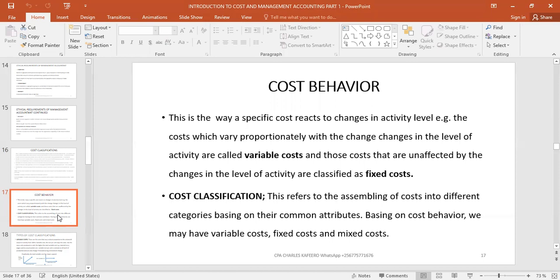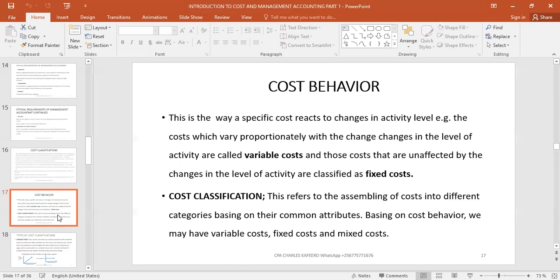For the variable costs, these are the costs which vary proportionately with the changes in the level of activity. When you're defining variable cost, don't forget the word proportionately. It doesn't necessarily mean that the costs are increasing just because the activity level is increasing, but it should be in a proportionate way, or in proportion.